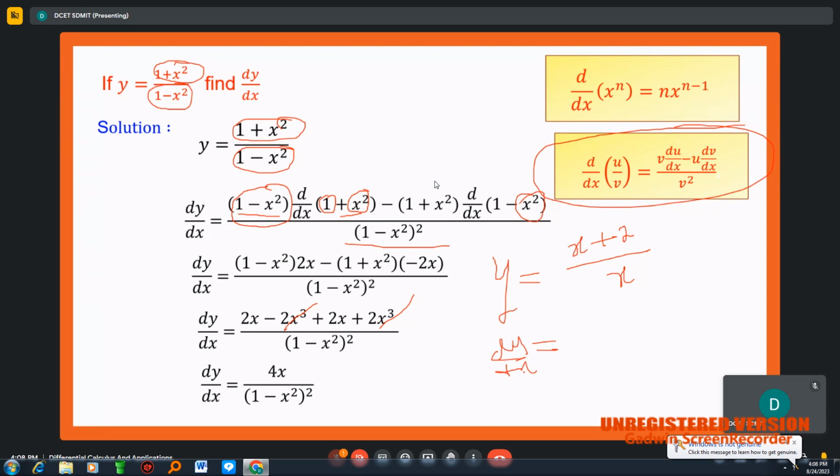Try this problem: y is equal to x plus 2 divided by x. What is dy by dx? Is anybody? No one?